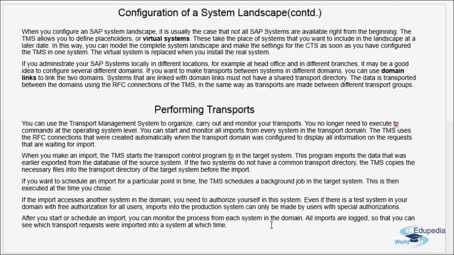Because the TMS is centrally configured across the domain, from any system you can open the TMS and check the logs: what transports are waiting to be imported, the errored ones, or the successfully imported ones of all the systems in the domain. So that is an advantage.